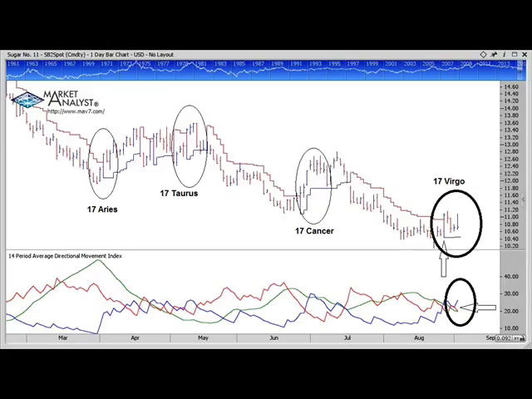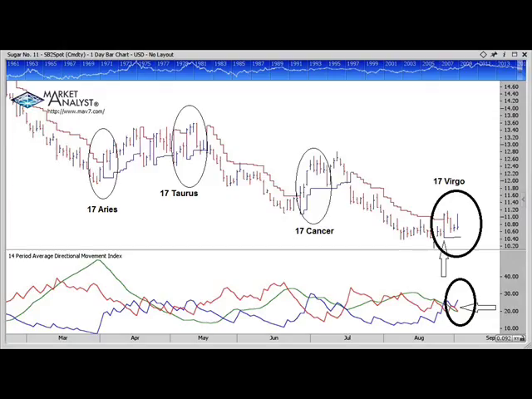Now, take a look at this daily price chart of sugar futures, and you can see, starting at the left-hand side of the screen, that when the sun was making its pass through Aries, and it was making that 90-degree aspect to natal sun, yes, you had a little price bump on sugar futures. And also at 17 of Taurus and 17 of Cancer, and most recently at 17 of Virgo.